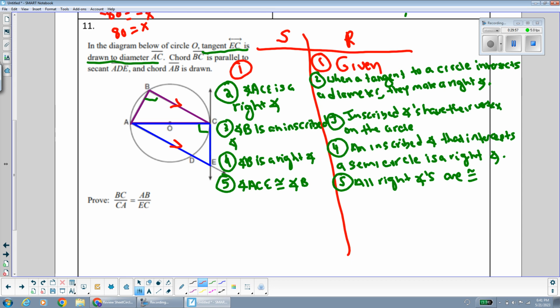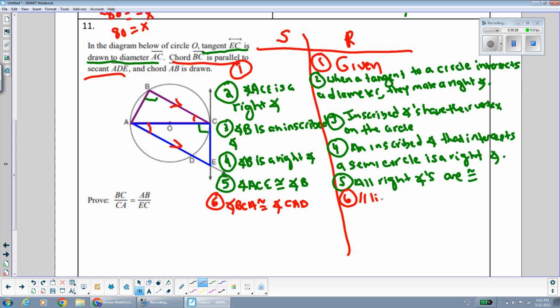Now my next given is that chord BC is parallel to secant ADE. And from that, I'm going to draw a conclusion. And my conclusion that I'm going to draw is about the alternate interior angles, because we do have parallel lines cut by a transversal. So I'm going to put that over here. Angle BCA is congruent to angle CAD. And I'm going to put my reason.